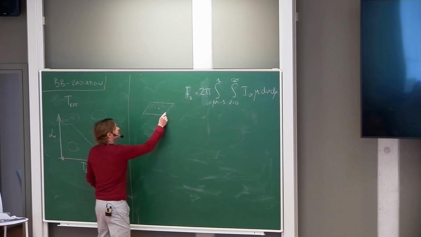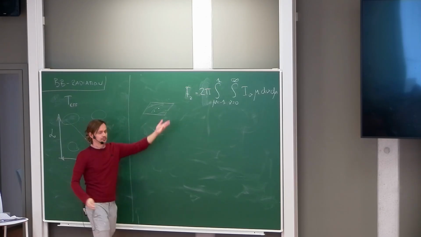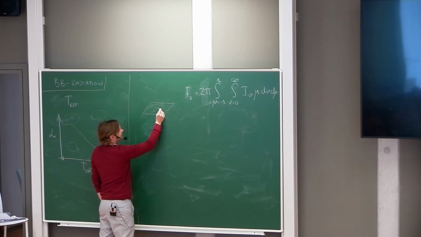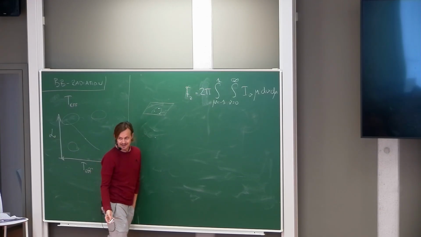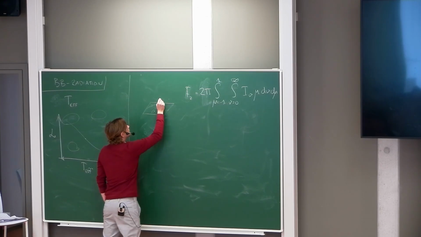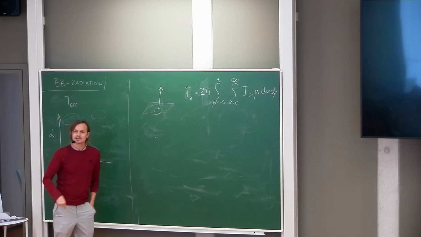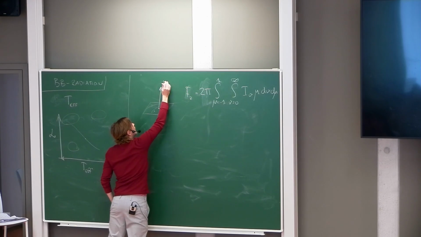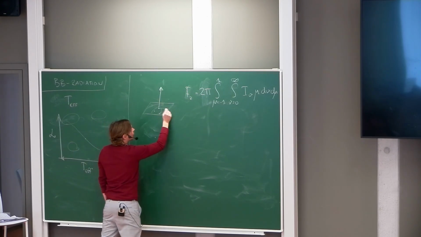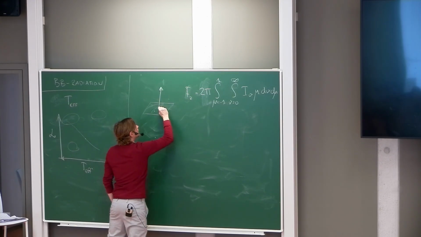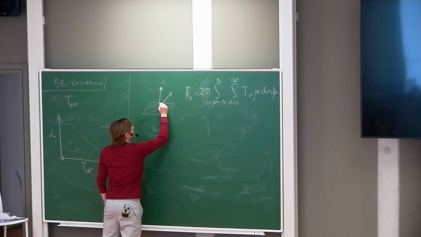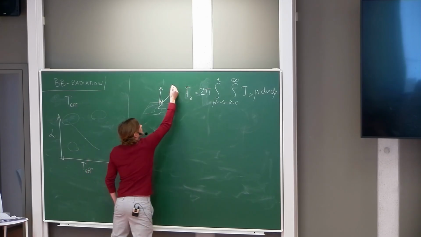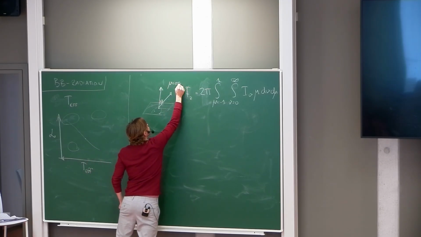So all inward angles do not have any radiation. The only thing that contributes, if you want to calculate the flux, are the angles in the outward direction, given by the theta angle there, so that mu equals cos theta here again.